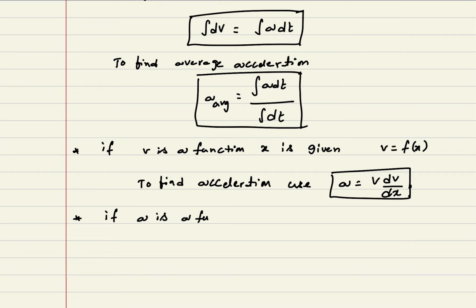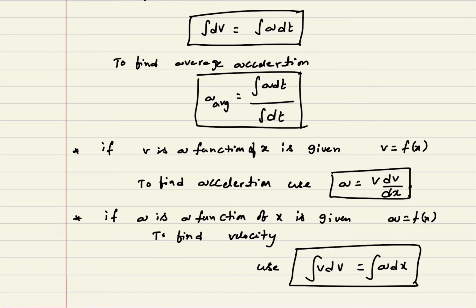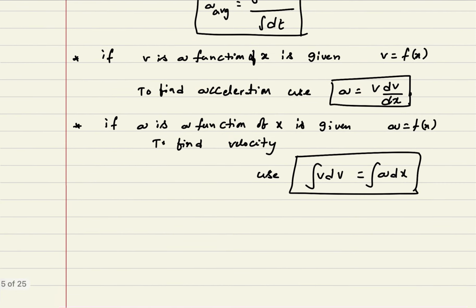Similarly, in the above relation only, if a is a function of x is given, to find velocity, you can use this relation v dv is equal to a dx. Integrate both the sides, you will get the velocity at any position x.